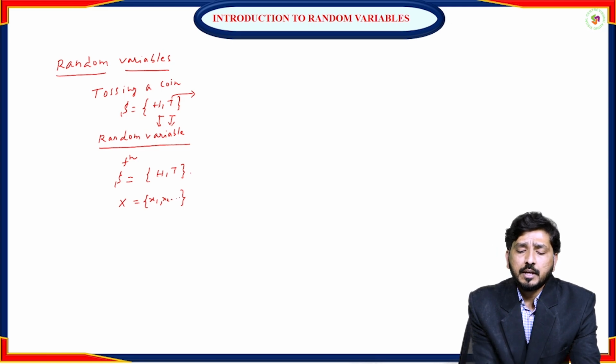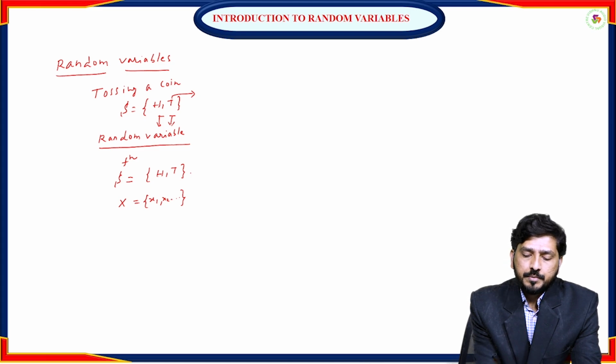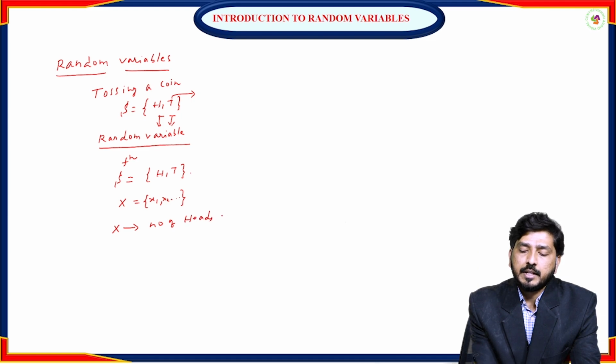Now, we will see how a random variable assigns values to the outcomes of a descriptive experiment. Suppose we take a random variable X which denotes the number of heads in the experiment.